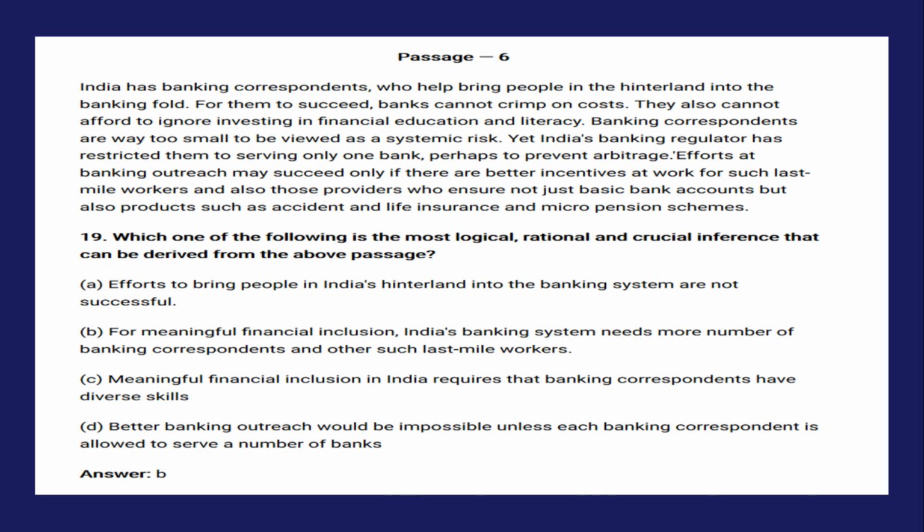B. For meaningful financial inclusion, India's banking system needs more number of banking correspondents and other such last mile workers. C. Meaningful financial inclusion in India requires that banking correspondents have diverse skills. Option D. Better banking outreach would be impossible unless each banking correspondent is allowed to serve a number of banks.